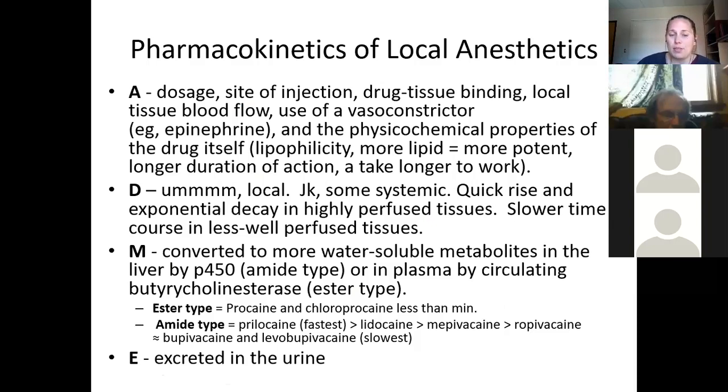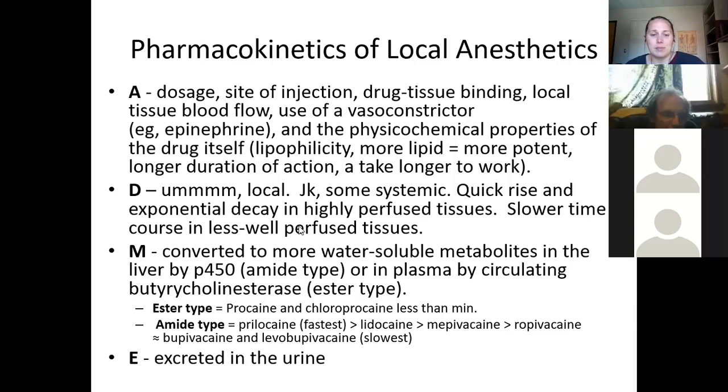The physiochemical properties of the drug itself, particularly lipophilicity. When we talk about things that are more lipid soluble, it's going to be more potent, longer duration of action, take longer to work, not surprisingly. When we talk about distribution, I thought I was being more funny when I put local. Obviously, that's a joke. There are some systemic effects of local anesthetics, so it does perfuse across other tissues.